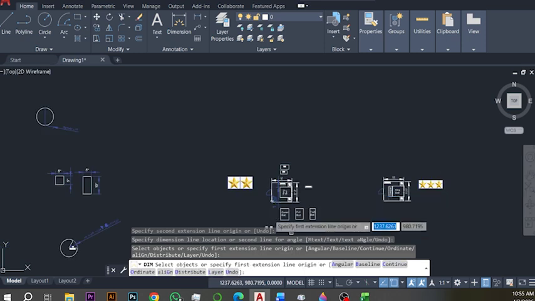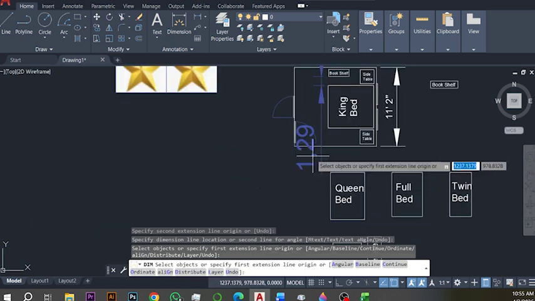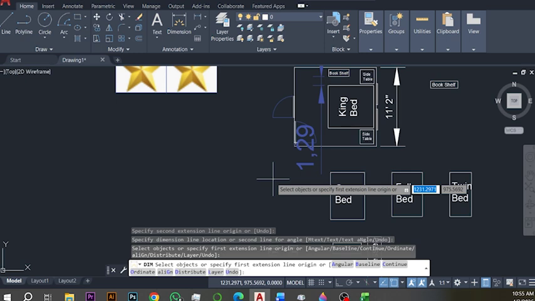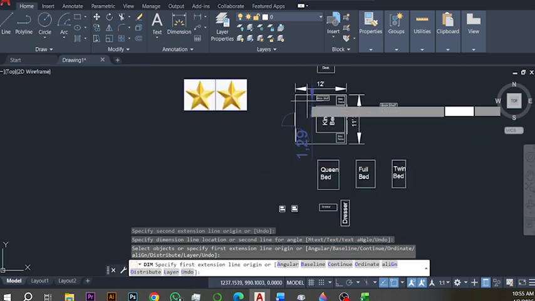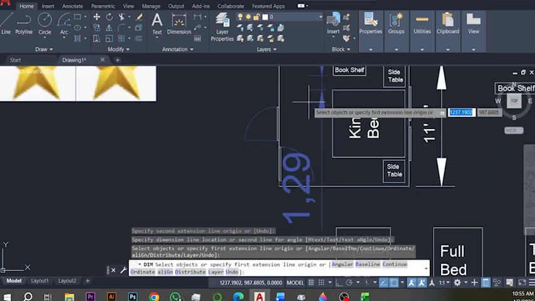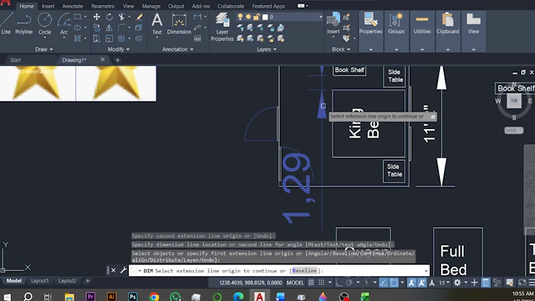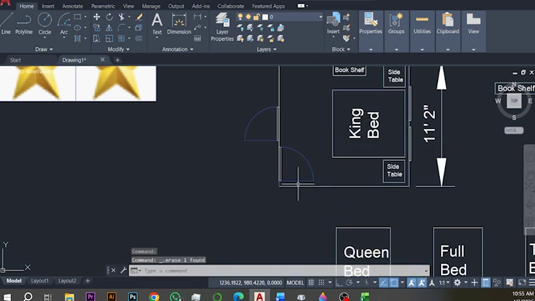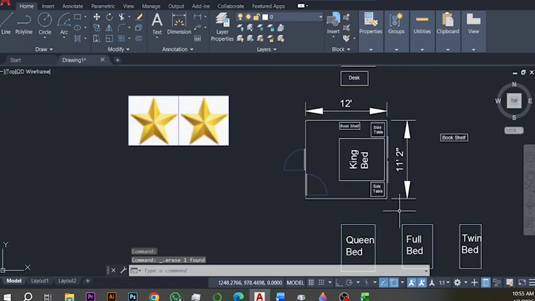In that case, it's 1.29 feet between the bookshelf and the bed. So that's a little bit of a stretch, but some people don't mind the cramped area. So you just have to decide what's comfortable for you.